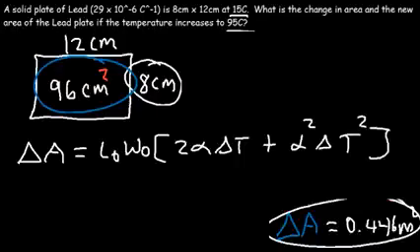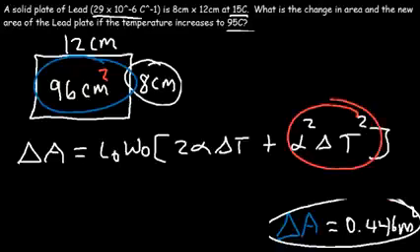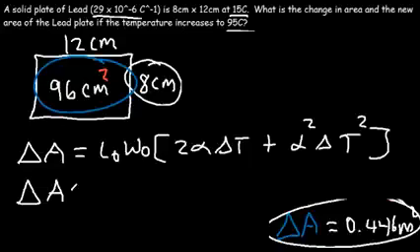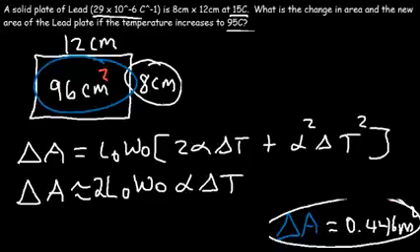Now, because alpha is so small, it's 29 times 10 to the minus 6, alpha squared is going to be very small. So the contribution of this term is negligible. So we could say that delta A is approximately equal to L0 W0 times 2 alpha delta T.